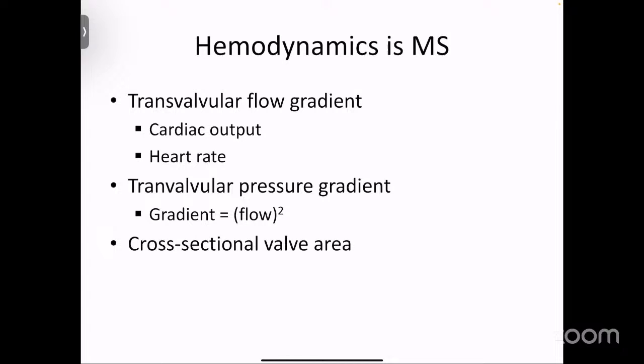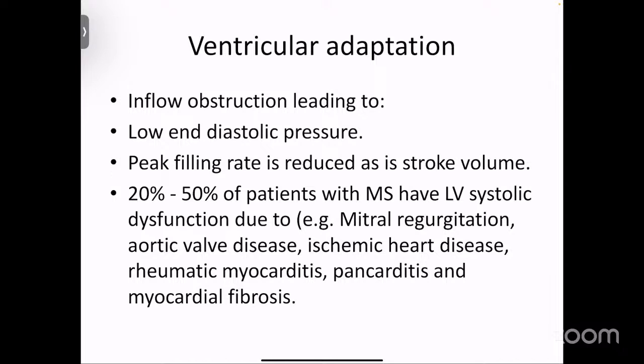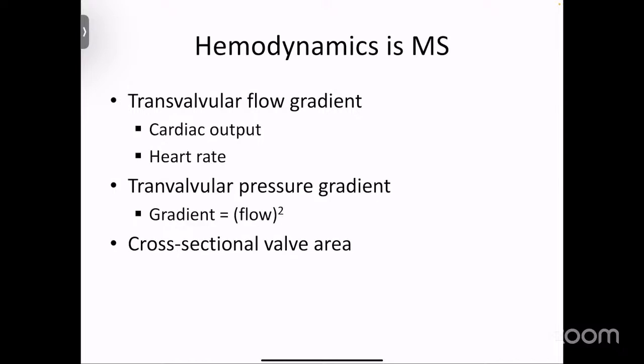The relationship between the transvalvular flow and gradient can be summarized in this equation. For example, doubling the flow quadruples the gradient. These are a summary of the hemodynamic changes in patients with mitral stenosis.